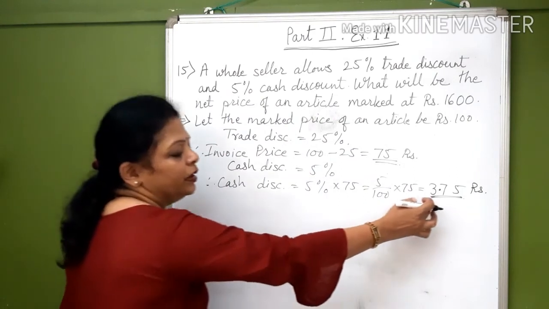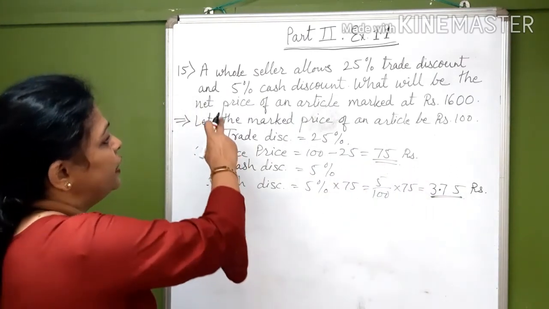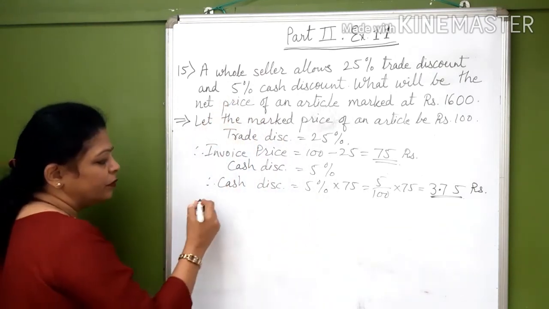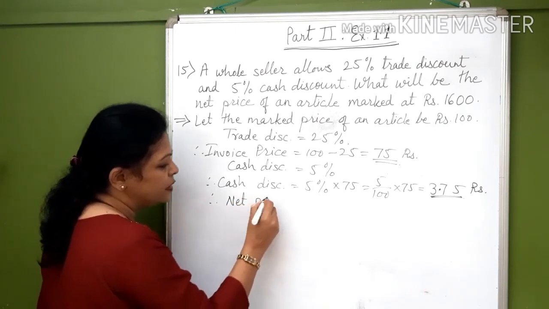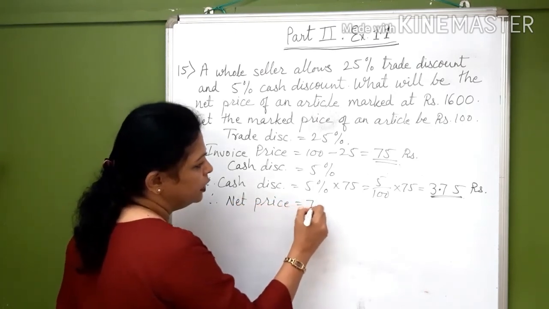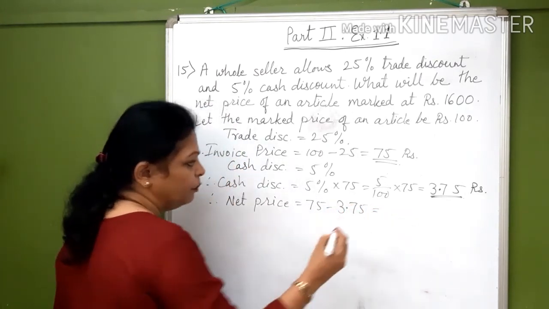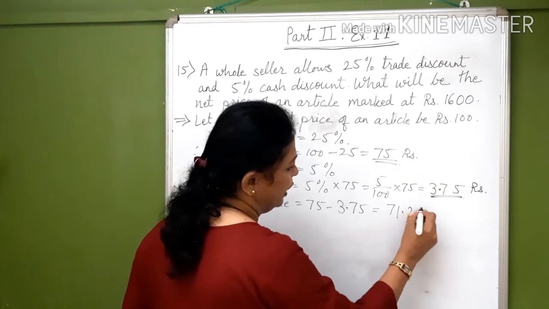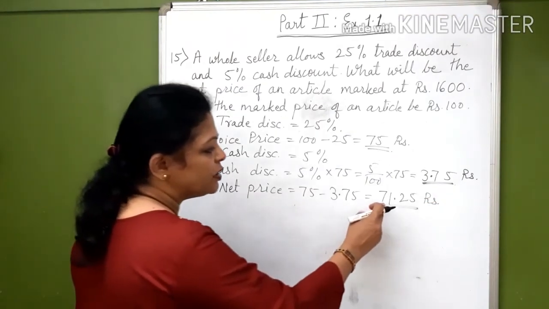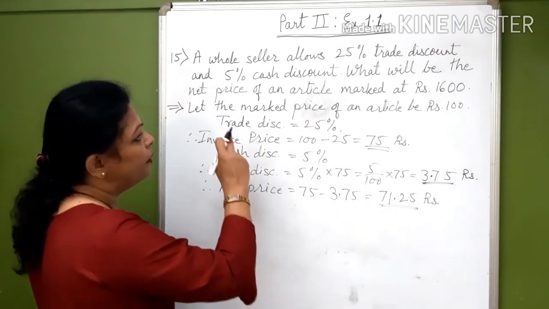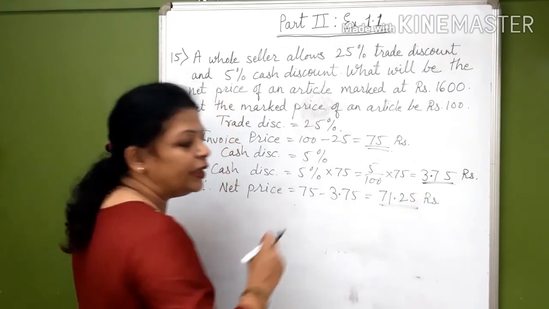So this 3.75 you will subtract from 75 to get the net price of the article. Therefore net price is 75 minus 3.75, that is 71.25. So we got the net price equal to 71.25. Now when the mark price was 100, the net price is 71.25.